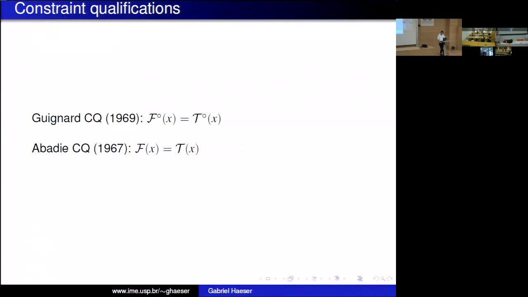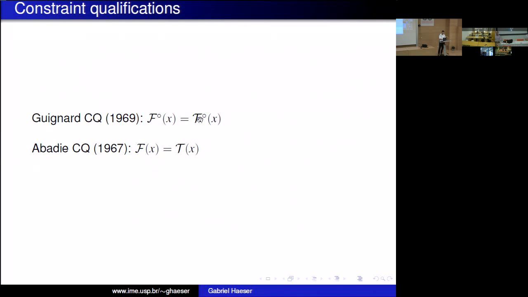Okay, so maybe I should tell you about some other constraint qualifications that are not based on our work. As I told you before, you have here the Guignard constraint qualification. It's the weakest one. But if you ask for equality of the cones, you can call this Abadie CQ. So this is also a constraint qualification.